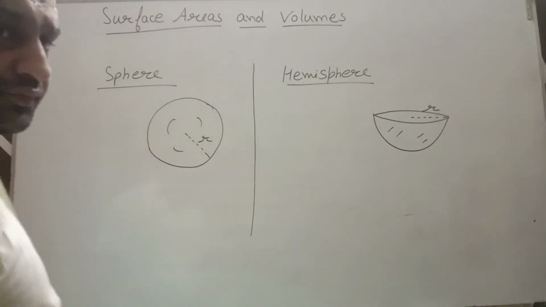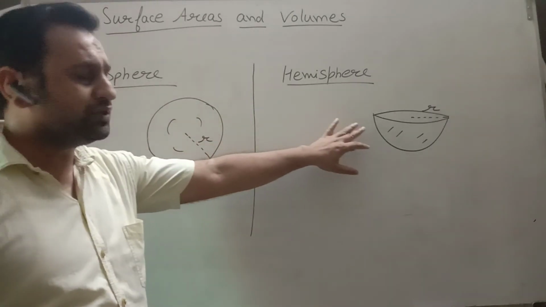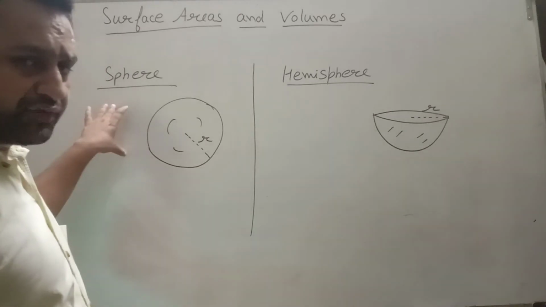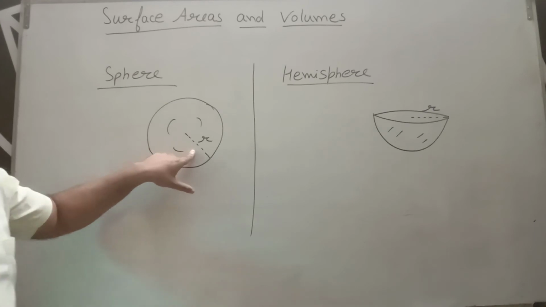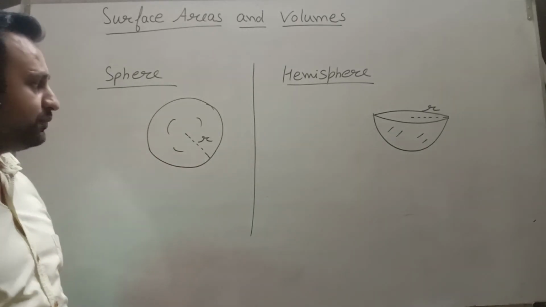Now students, the next solids are the sphere and hemisphere. A hemisphere is just half of a sphere. Firstly, a sphere has only one dimension, which is called the radius. Football, basketball, cricket ball, lemon, these are types of spheres.